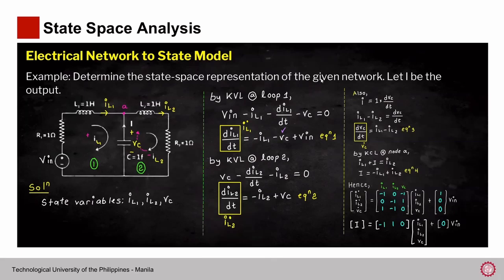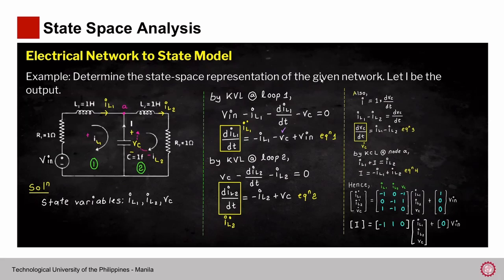So, from this electrical network, we are able to derive or write the corresponding state model. So, yan yung state model natin, guys. Okay? So, naunawaan po. It's just a matter of doing KVL, and then KCL if needed. Just use all the simple equations for the KVL and KCL.